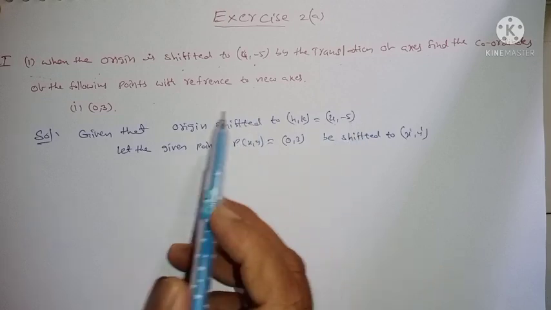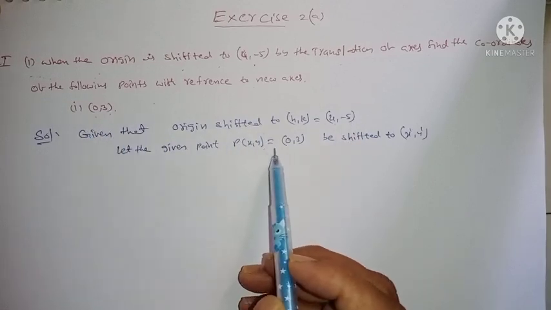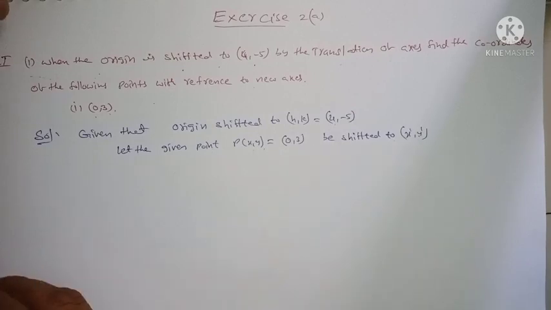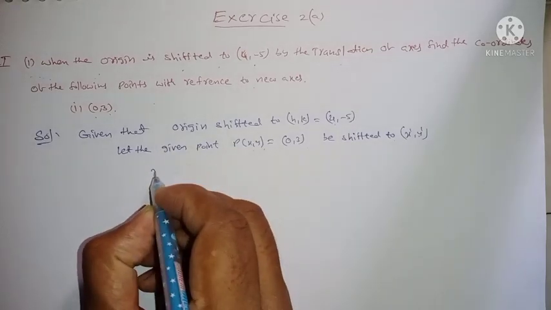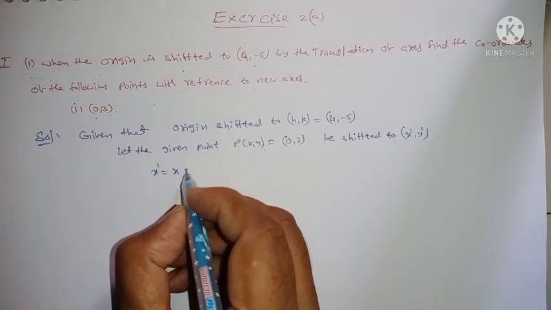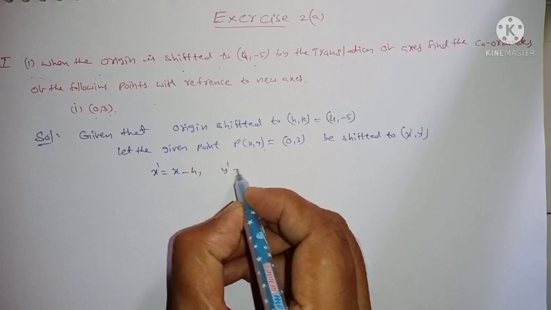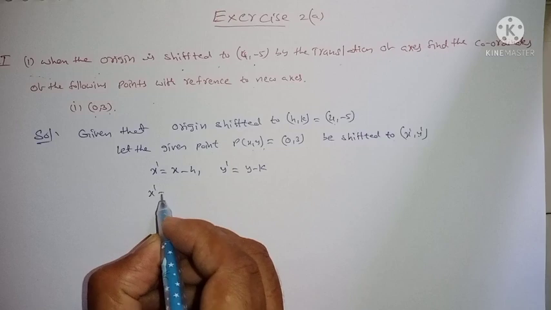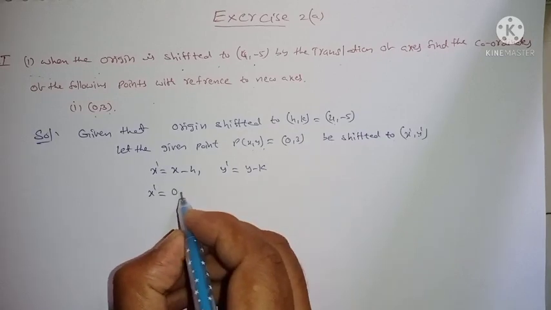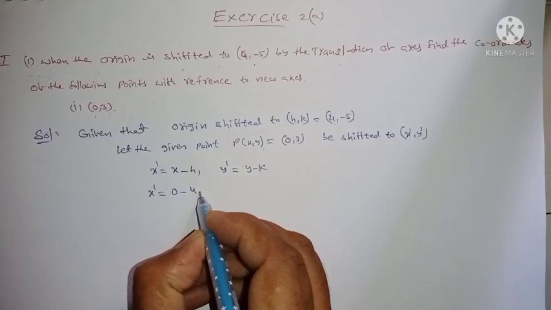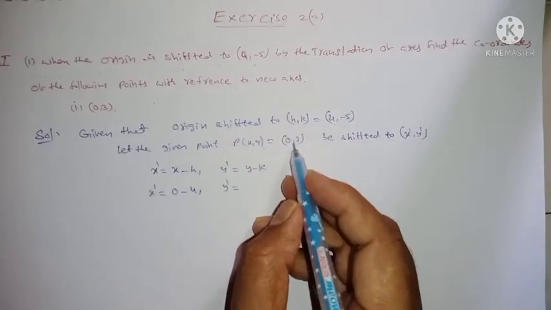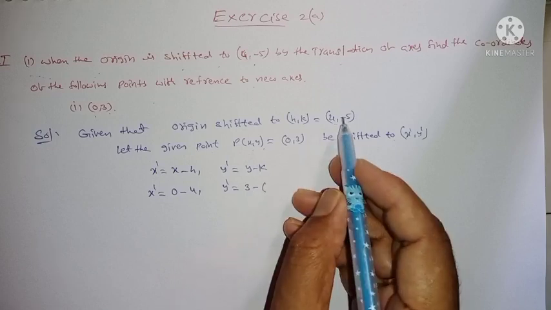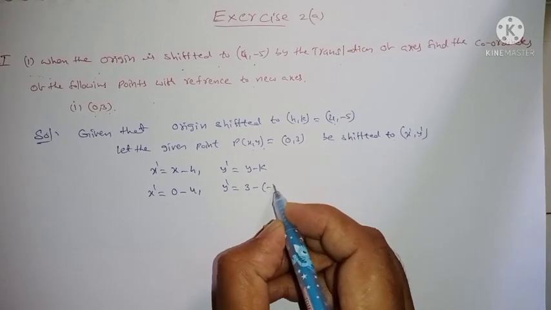Let the given point (0, 3), that is P(x, y) = (0, 3), be shifted to (x', y'). Therefore, we have the formula x' = x - h and y' = y - k. Substituting, x' = 0 - 4 and y' = 3 - (-5).